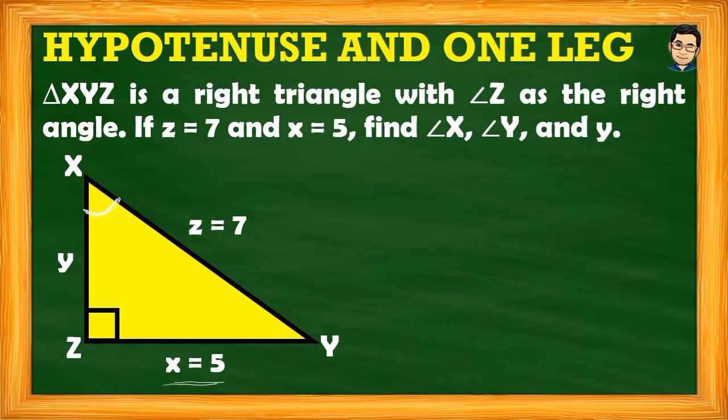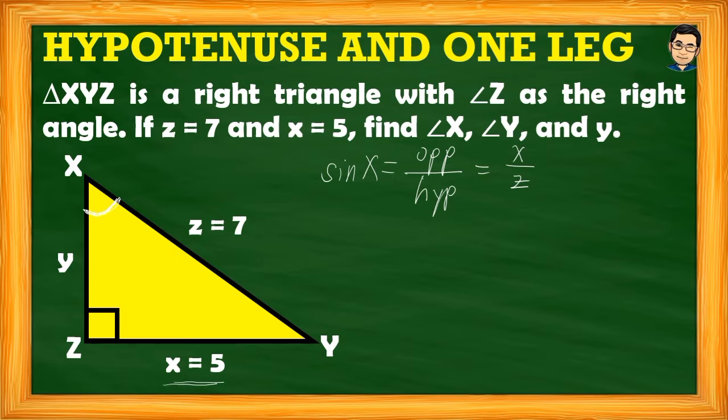Yung opposite, tapos may hypotenuse. That is sine. So, isusulat natin sine x is equal to opposite over hypotenuse. So, para makita nyo yung letters, opposite is x, and then hypotenuse is z.